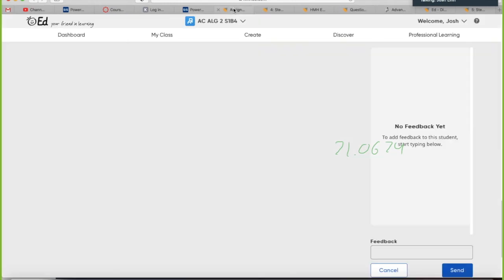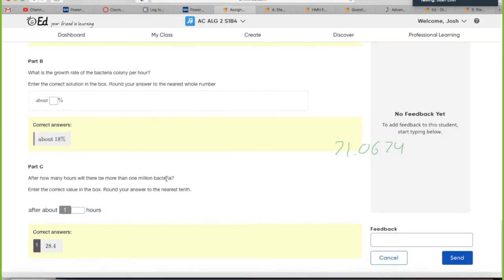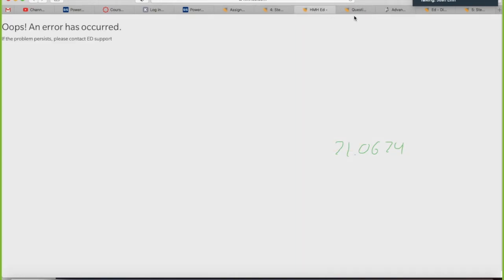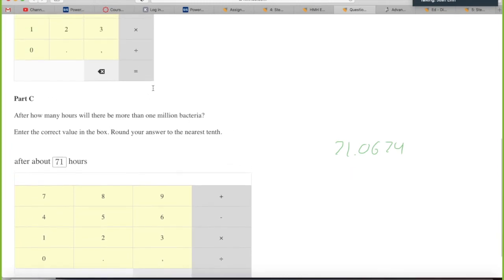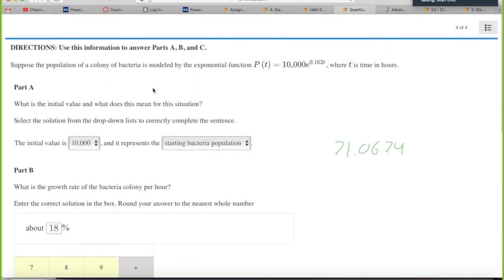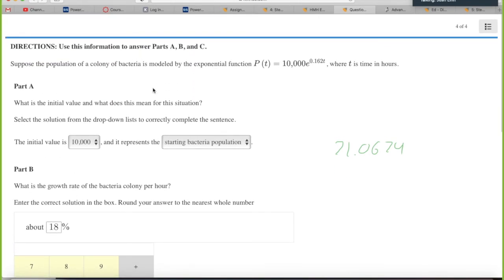Let's make sure that's right. It's not. So they got 28.4. So let's see what I messed up here. So I'm going to rewrite my equation.